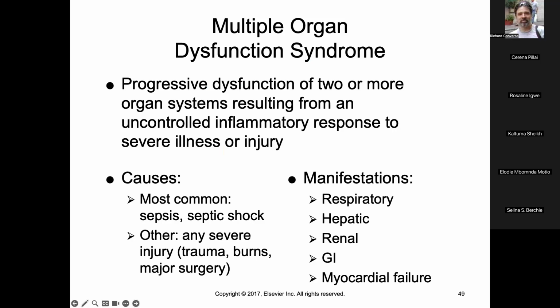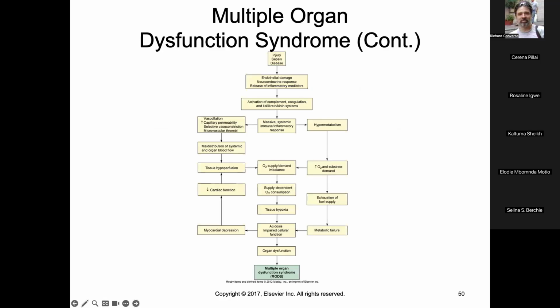We see respiratory, hepatic, renal, GI, and myocardial implications, okay, such as, okay, we have injury, sepsis, or disease, endothelial damage, release of inflammatory mediators, activation of complement, coagulation, massive systemic immune and inflammatory response, vasodilation everywhere, okay? Maldistribution of systemic and organ blood flow, tissue hypoperfusion, reduction in cardiac function, myocardial depression, okay?